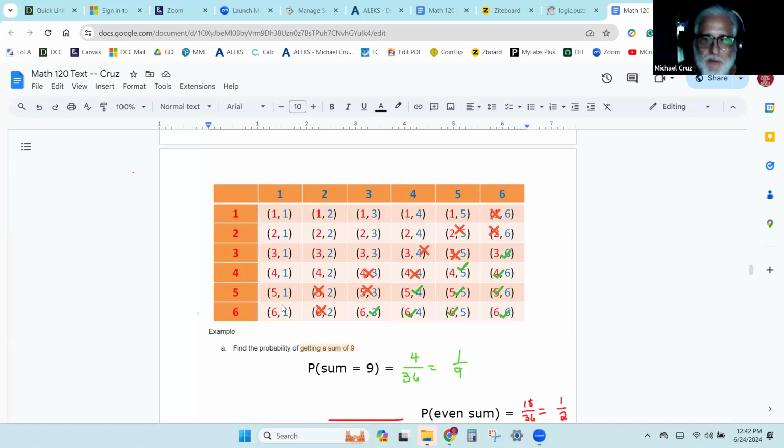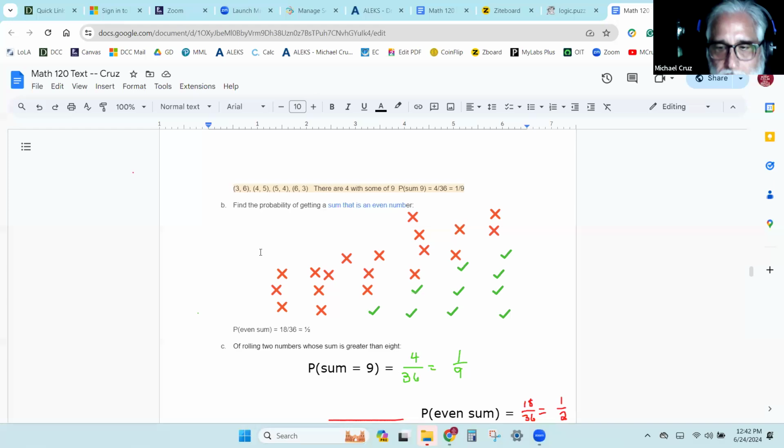And all of these over here are going to be less than. I'm not even going to mark them all because we don't need them. We only need these that are in green, which is how many? 1, 2, 3, 4, 5, 6, 7, 8, 9, and 10. So the probability of the sum being greater than 8: on the denominator, it's 36.